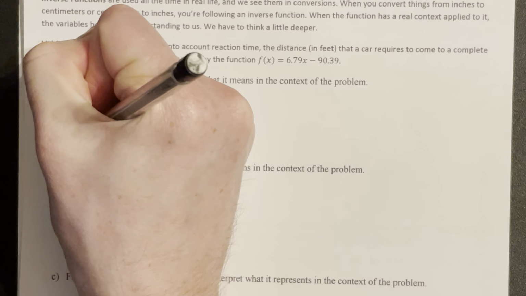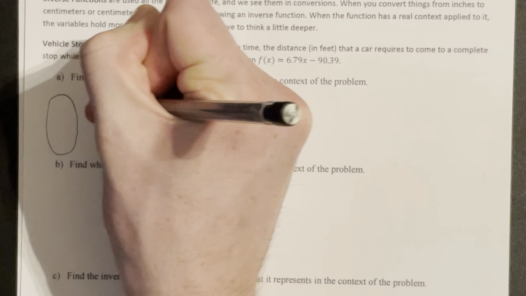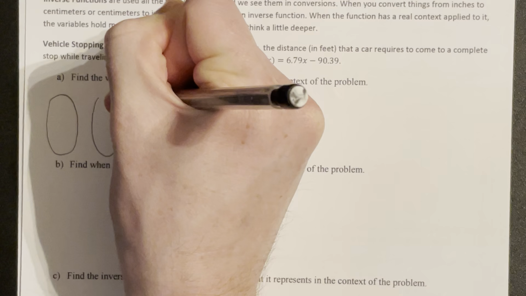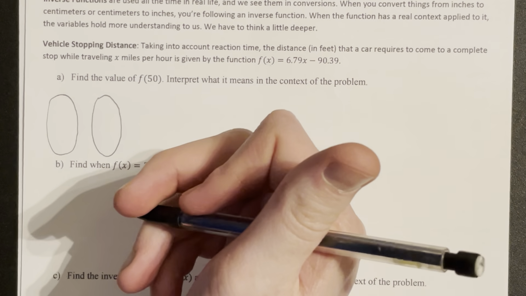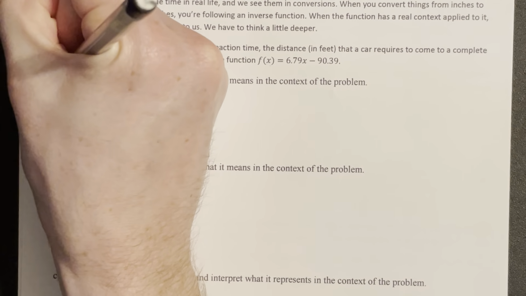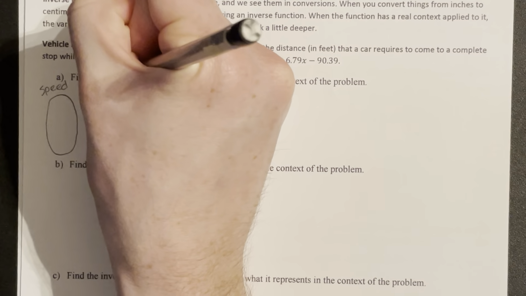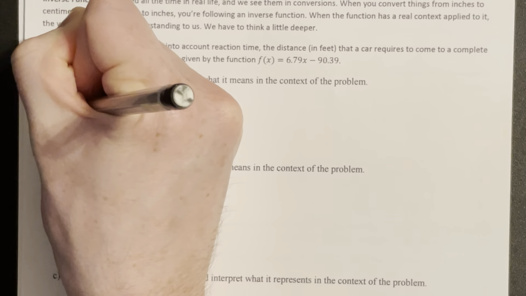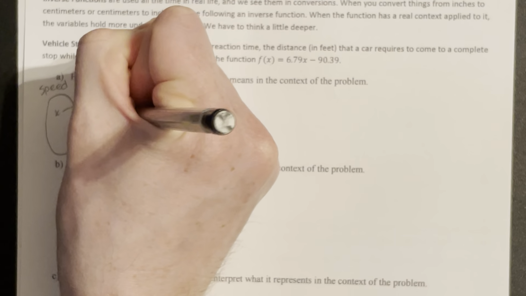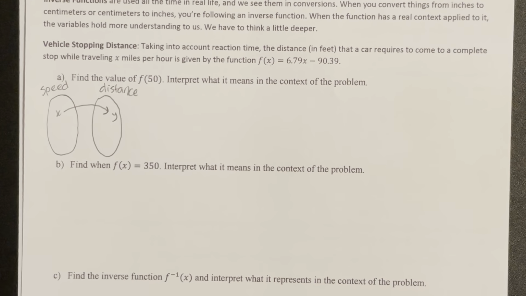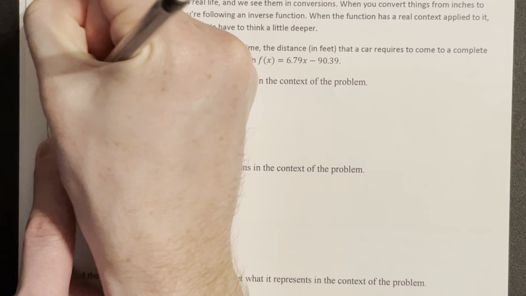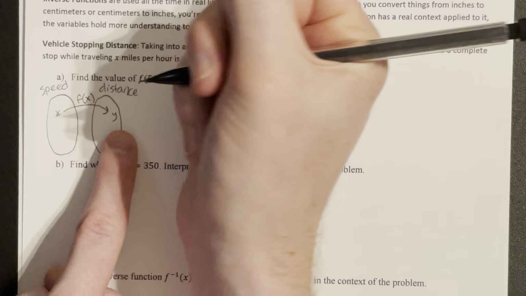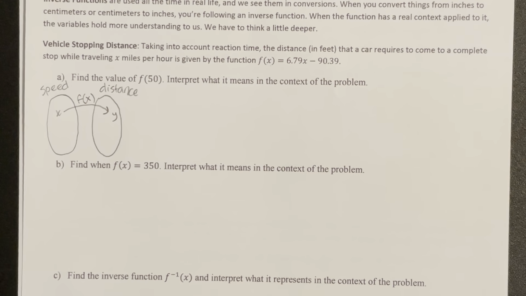So if we looked at what this mapping means, we start out with our speed, and we're calculating our distance, our stopping distance. So x is being mapped to y, but x is representing our speed. By using this function f of x, we get our distance.